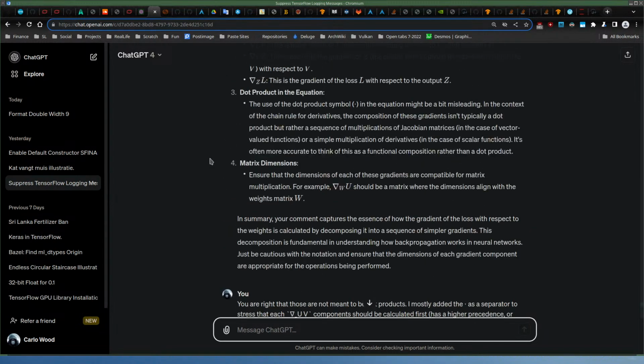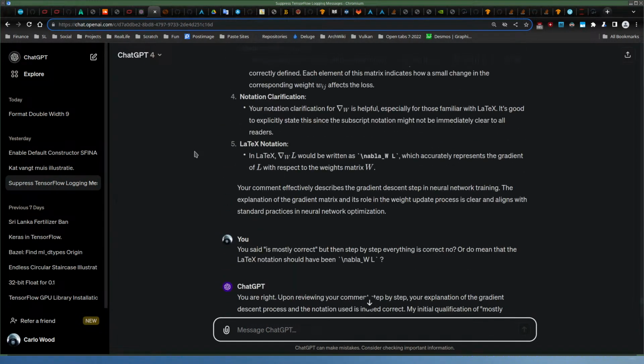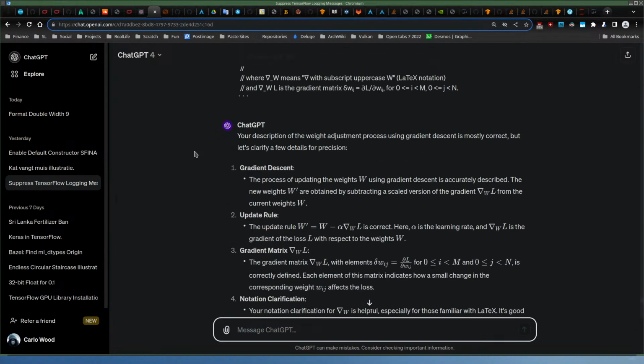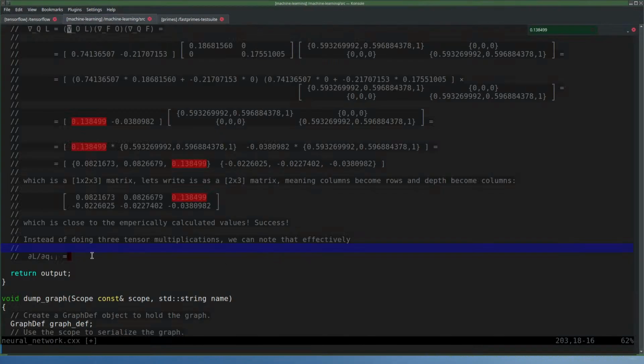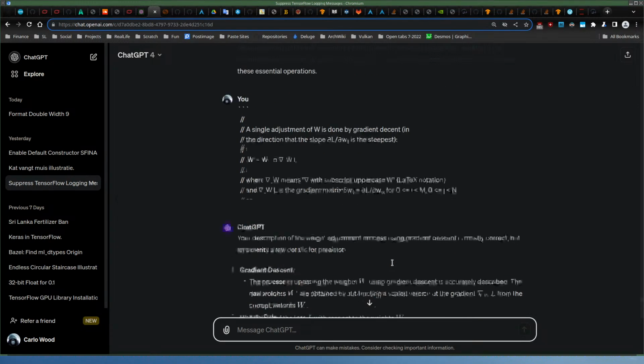Now looking for the delta character. Maybe not the fastest way to get it. Oh, here it is. Pretty fast. I think ChatGPT uses it differently.